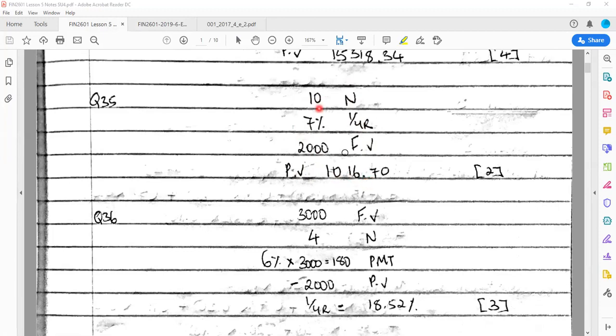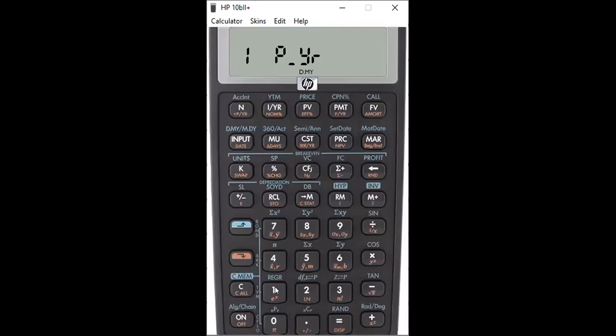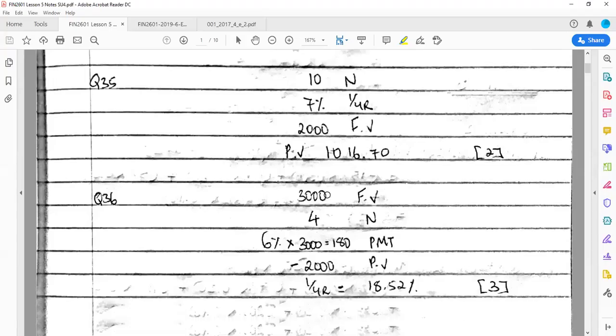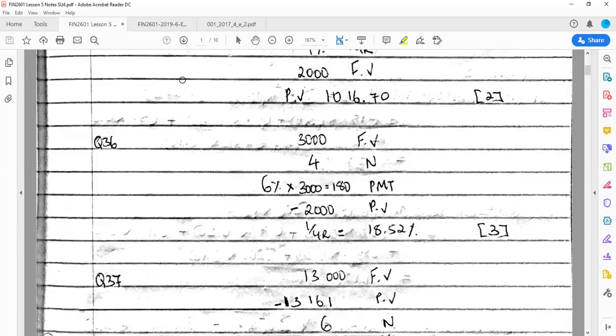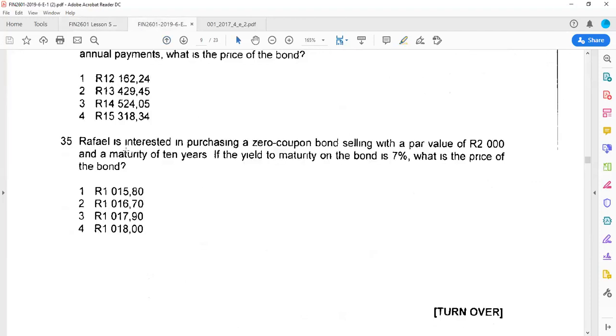It's just a matter of putting into your calculator 10N, 7 interest, 2000 is your future value, that's the par value, then you press PV for the price, and we don't take the negative, remember.